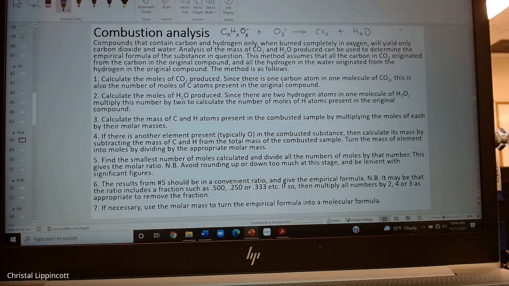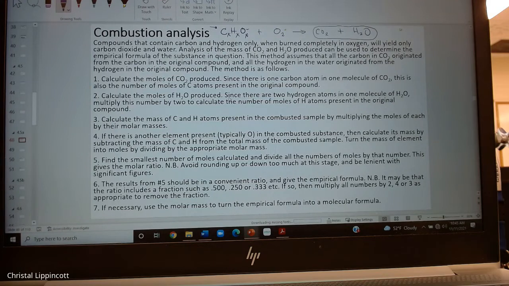All right. So how do we figure out, if we are given the amounts of these that are produced, we can actually take that data, and if we know how many grams of this we started with, we can come up with the empirical formula for this material. Okay, I know it seems like magic, but we can do it. So what you do is you calculate the moles of CO2. If we know the mass of this and the mass of this, you're going to calculate the moles of H2O.